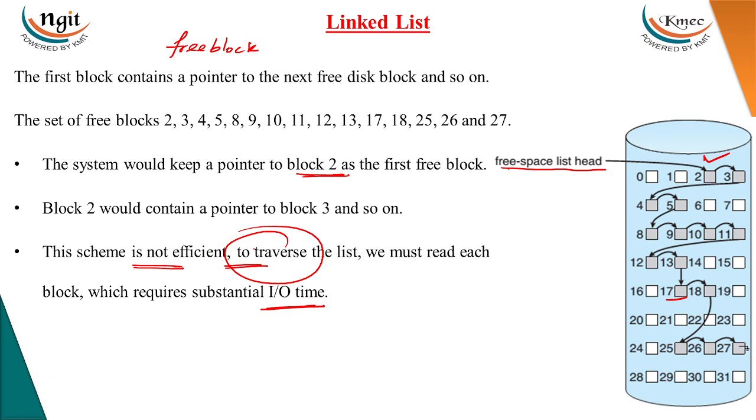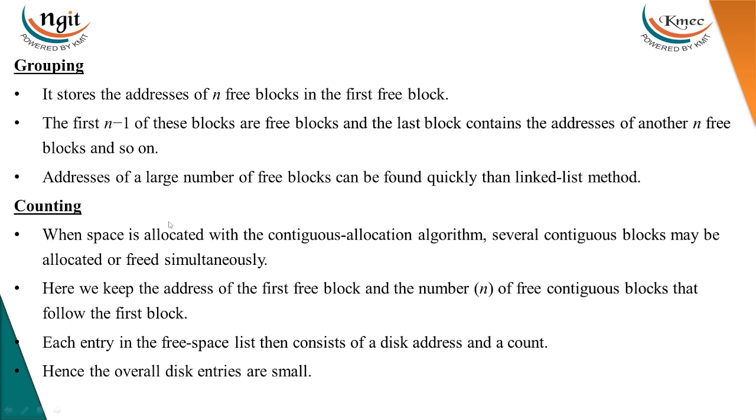So in order to avoid this, we will take one more concept called grouping, which is similar to indexing. It stores the addresses of n free blocks in the first free block. Suppose there are n blocks.